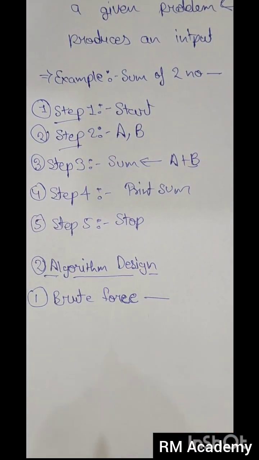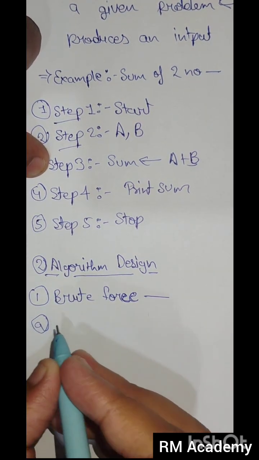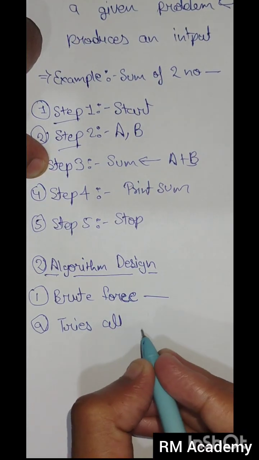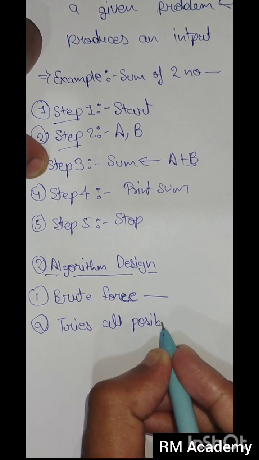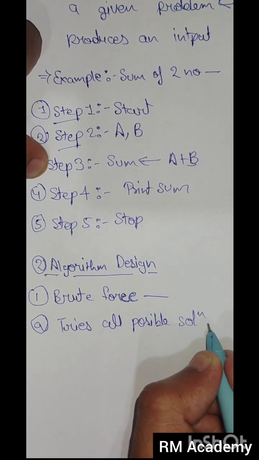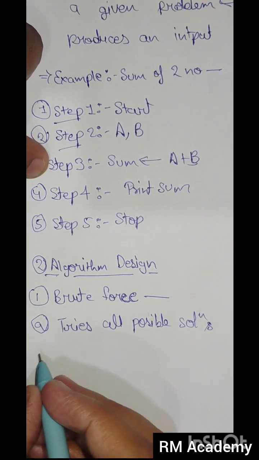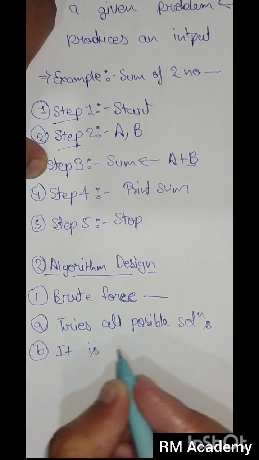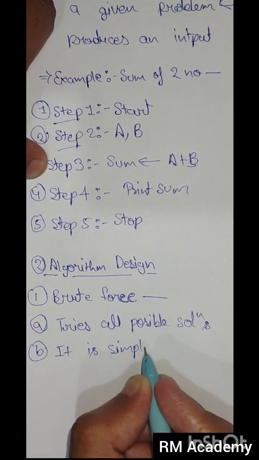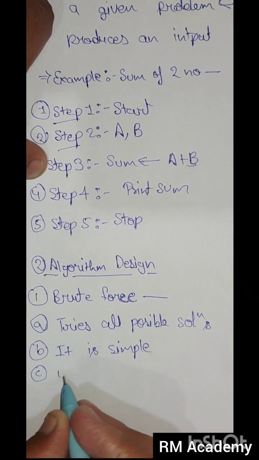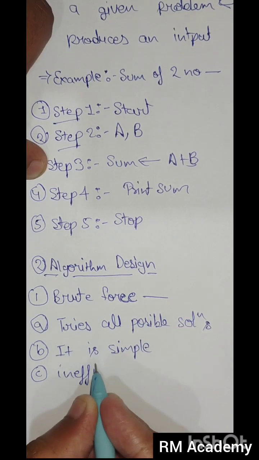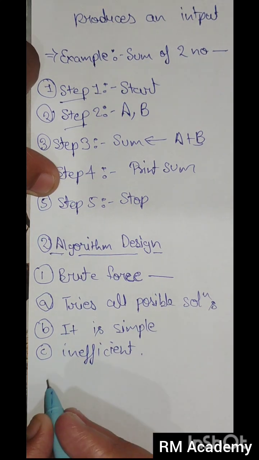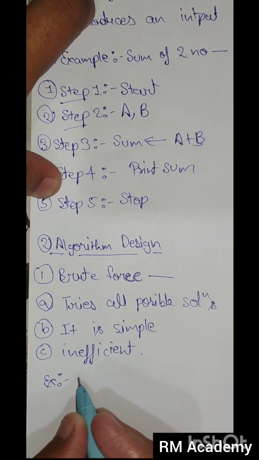So in brute force, it tries all possible solutions. It is simple to implement, but it is inefficient, not very useful, and it takes very much time. So an example for brute force is linear search.